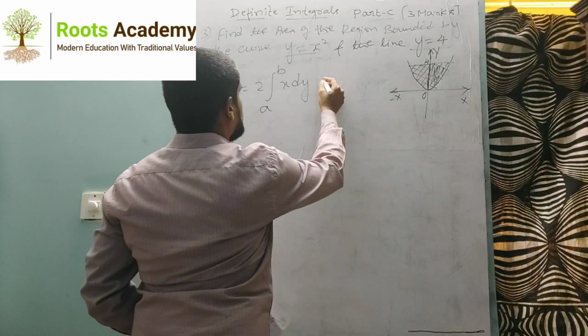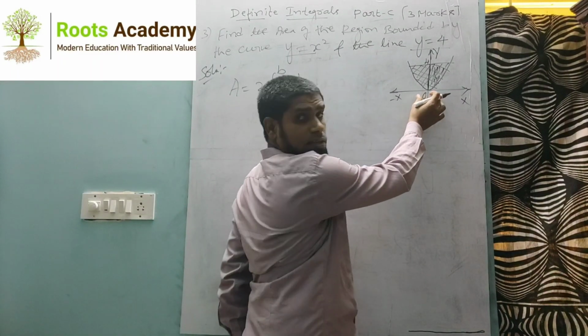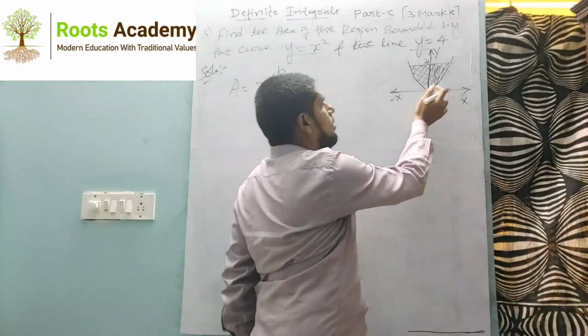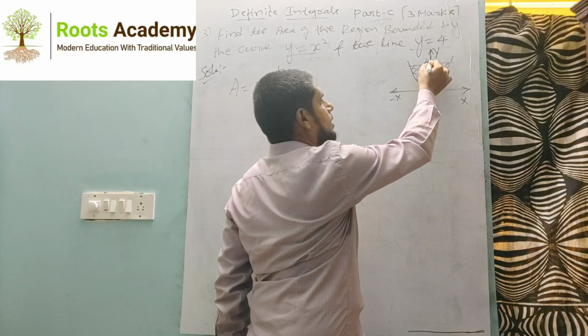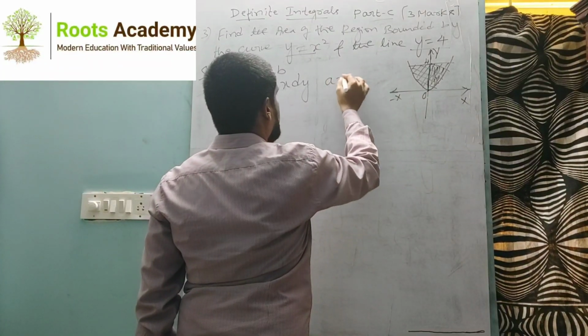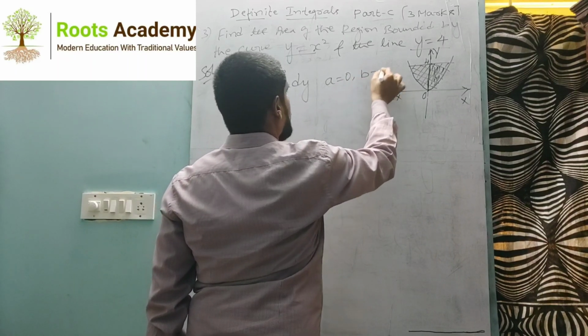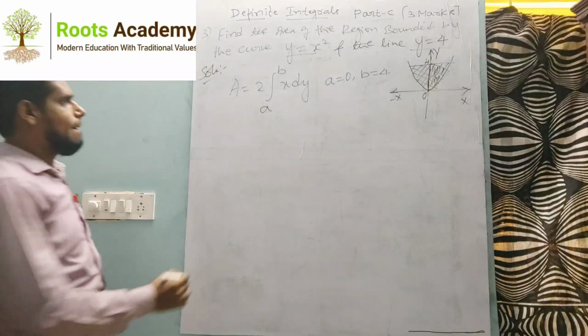Now, what are the limits? See the limits. The curve started here, which means my region's initial point is this, and my region ends here. So A equals 0 and B equals 4, it's 0 to 4.